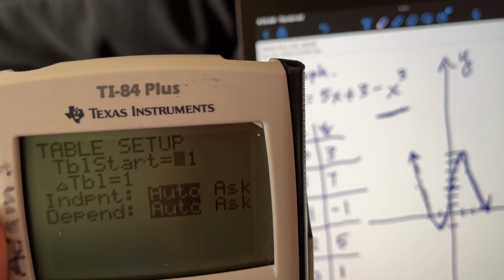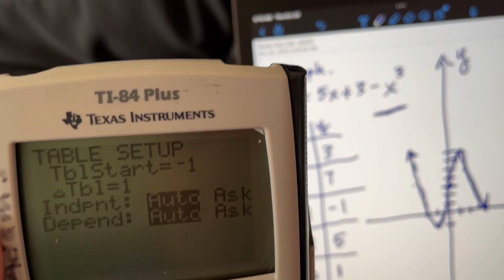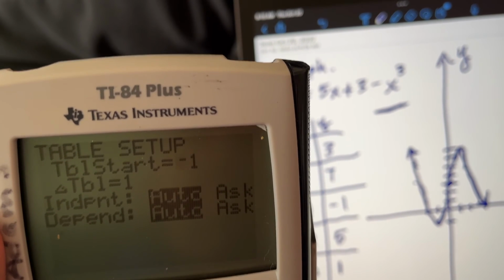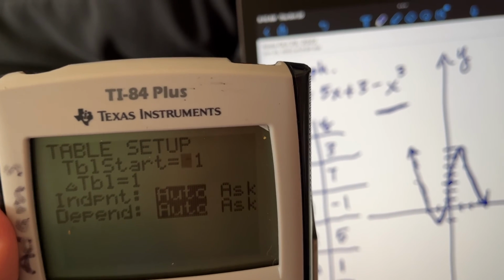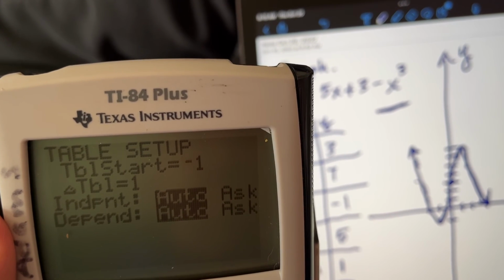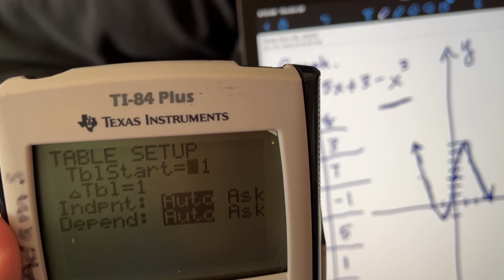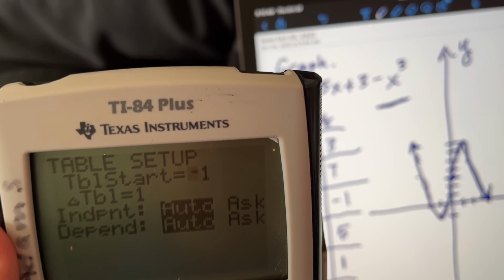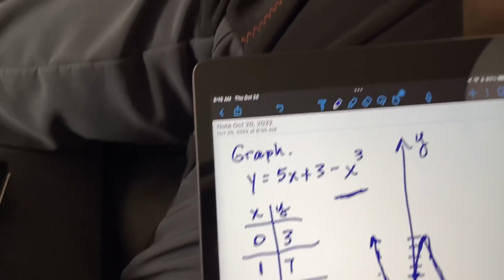You can change that to decimal numbers if you need to, like 0.2 or 0.3 or 2. You may want to change it depending on the problem, but then always go back and set it to the normal setting, which is to have delta table be 1. That means your x values on your table are going to change by 1 each time.